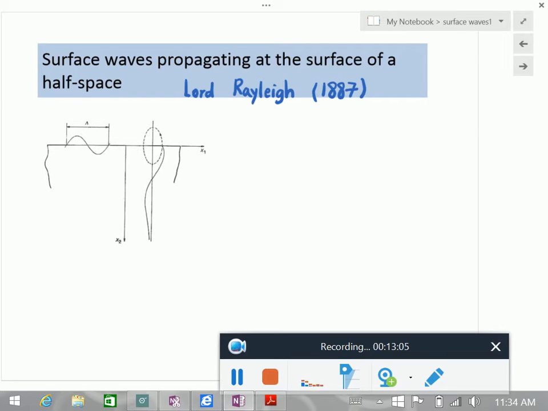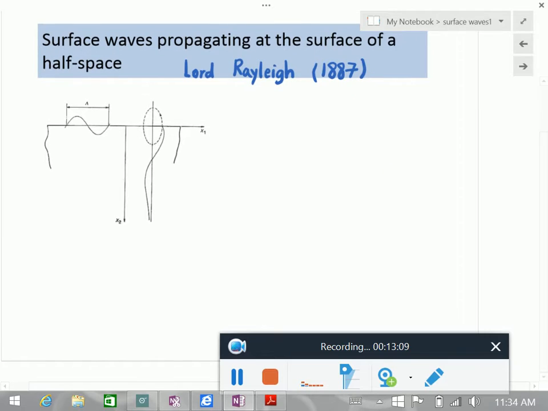So that's where the name is coming from. And how does it work? So the first thing to understand is that Rayleigh waves are confined to the region near the surface.